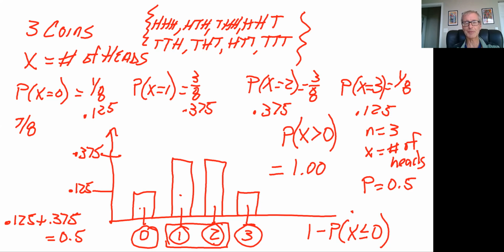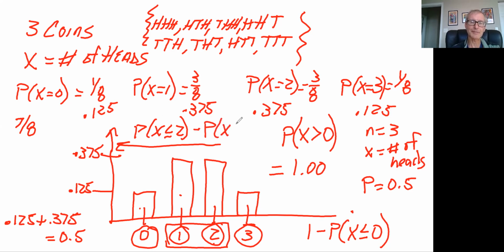Well, basically, because you're doing less than, you would do, first of all, probability of X less than or equal to 2, and you'll get 2, 1, and 0. But we don't want the 0, right? So we have to get the 0 out. But if you just subtract the probability of X less than or equal to 0, you'll get rid of the 0 and you get the 2 in the middle. And so how do we do that? Well, let's go back to the spreadsheet.